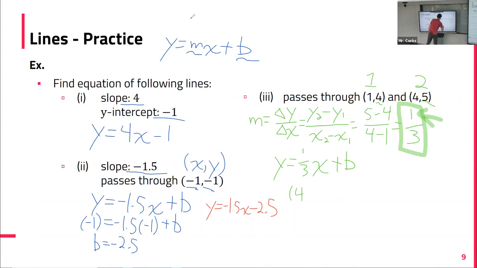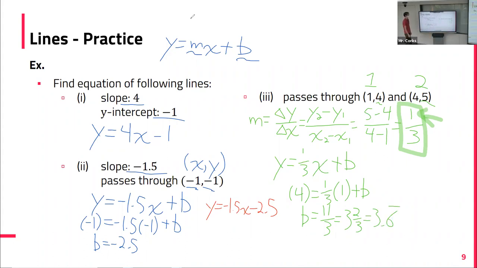So 4 equals 1 over 3 times 1 plus b. So b is equal to, okay, 11 over 3, or 3 2/3, or 3.6 repeated.